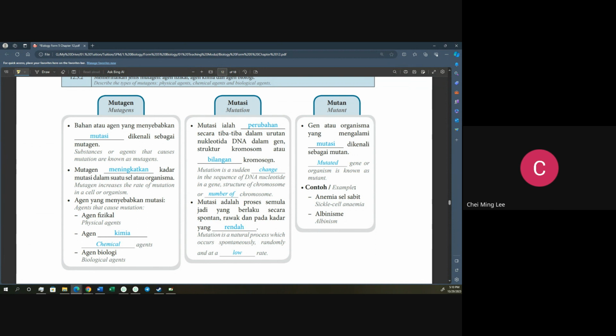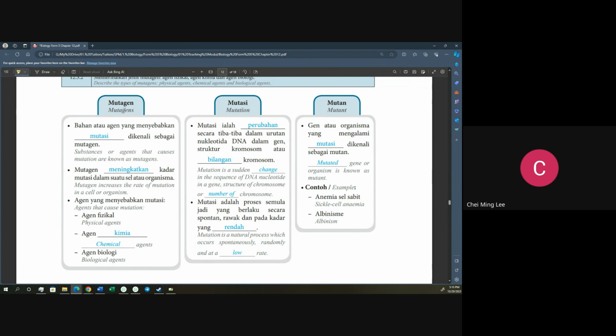The things or factors that cause mutation are called mutagens, while the organisms that undergo the mutation process are called mutants. Like X-Men. No, this is not really an example, but something similar.